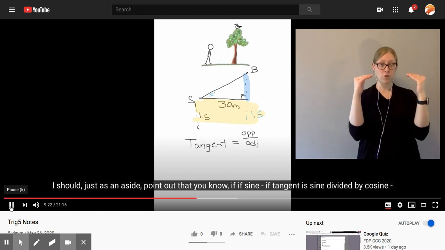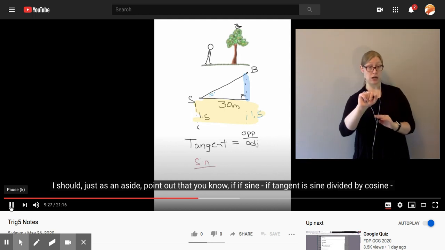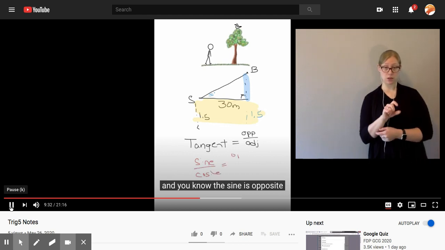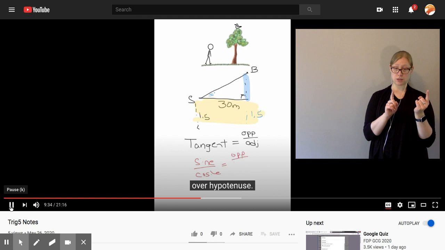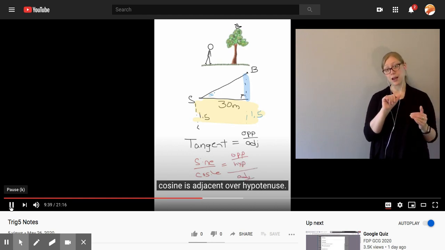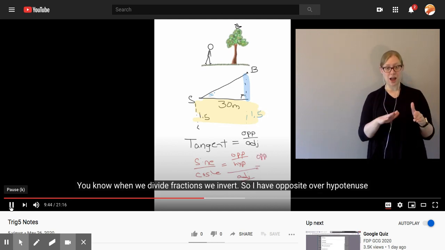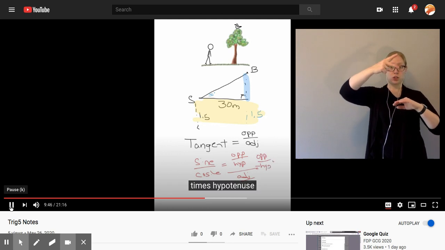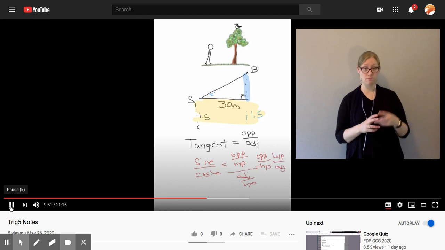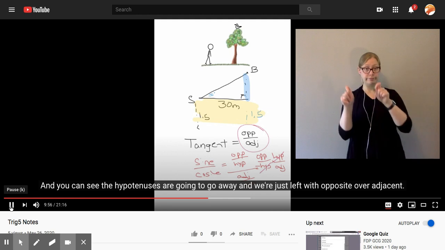I should, just as an aside, point out that if tangent is sine divided by cosine, and the sine is opposite over hypotenuse, the cosine is adjacent over hypotenuse, when we divide fractions, we invert, so I have opposite over hypotenuse times hypotenuse over the adjacent. And you can see the hypotenuses are going to go away, and we're just left with opposite over adjacent.